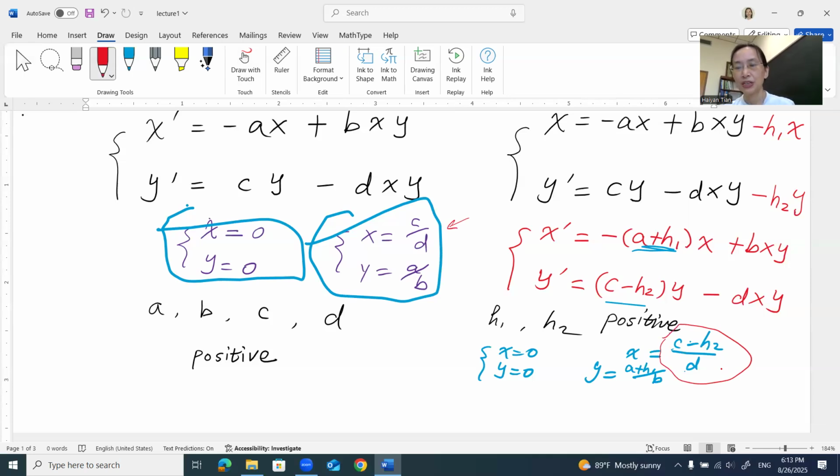And the prey population, A plus H1 over B compared to A over B, will be higher than without harvesting. So that means the harvesting will decrease the population of the predator, but increase the population of prey.